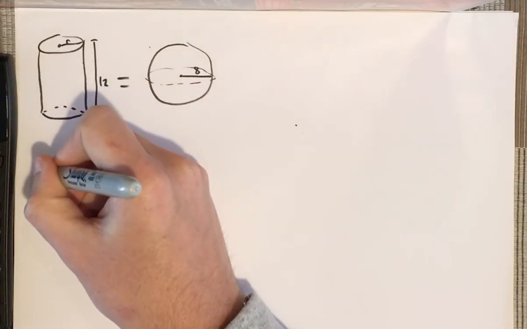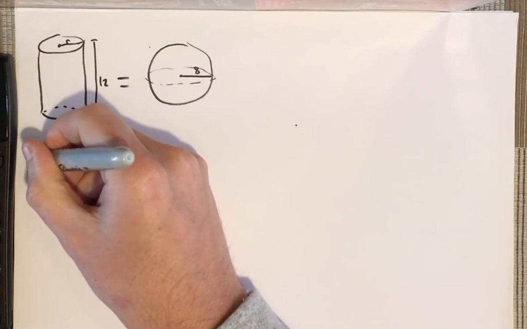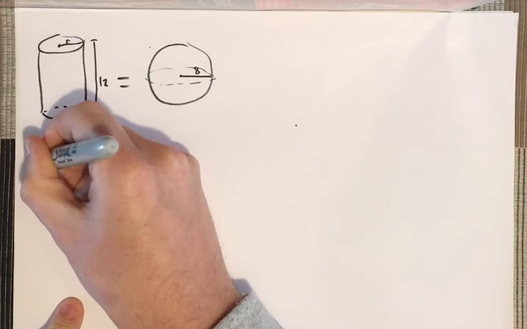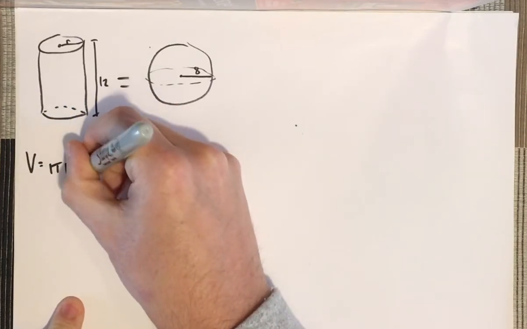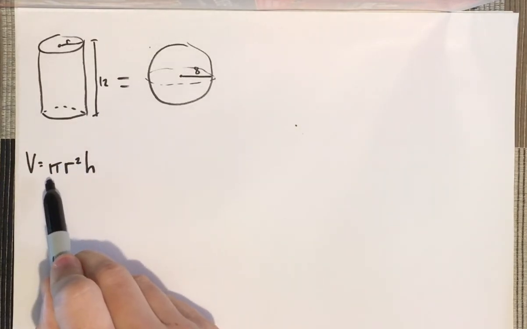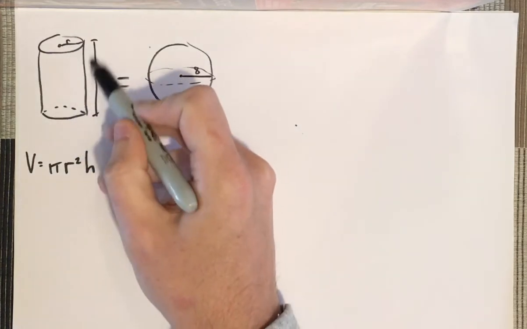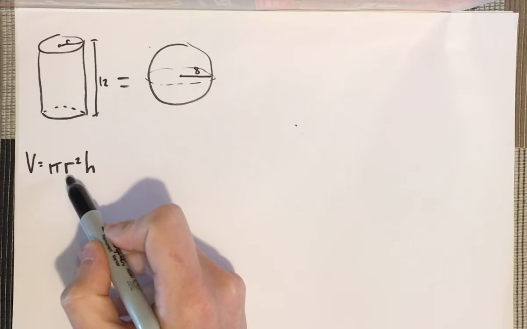So how am I going to do this? Okay, well, if you look at the volume of a cylinder formula, it's pi r squared h. So pi I know it's 3.14, h is 12, I'm given that in the question, and r is what I'm being asked to figure out.